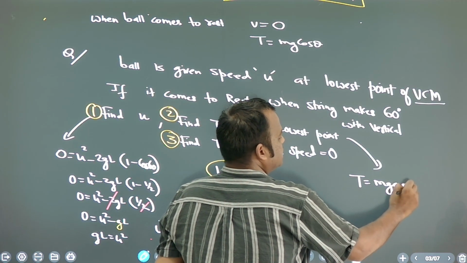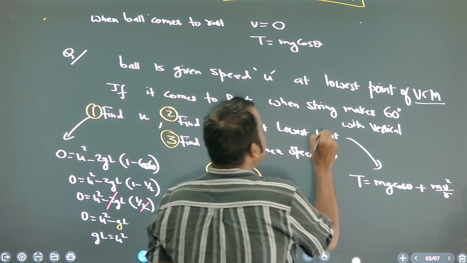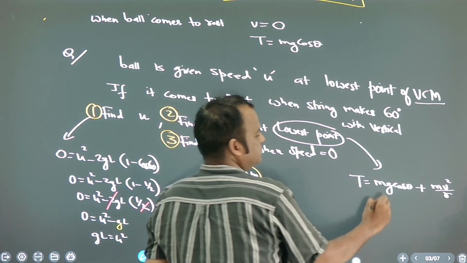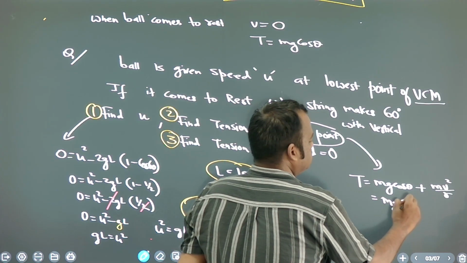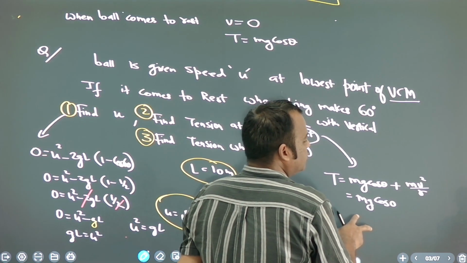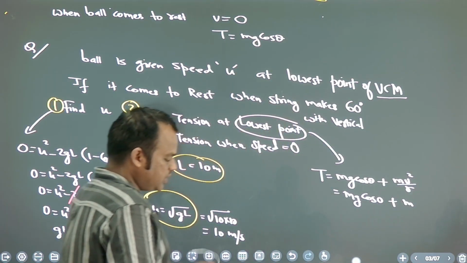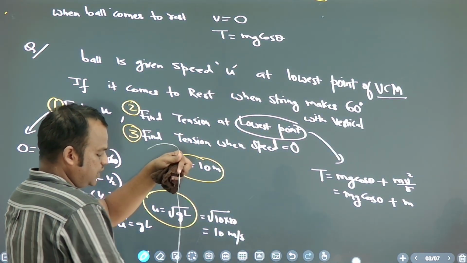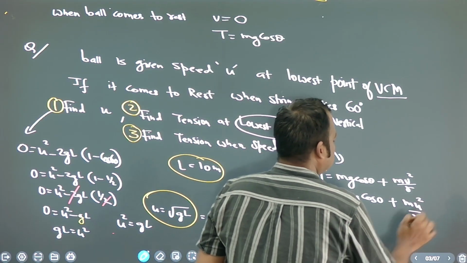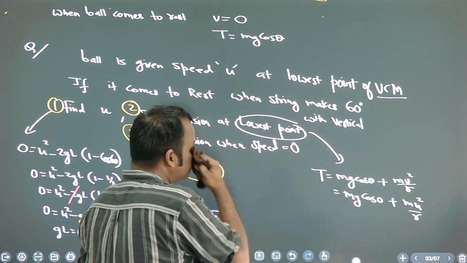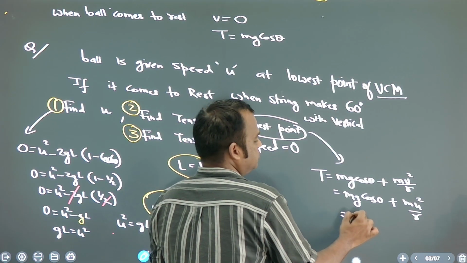Mg cos theta plus mv square by r. So lowest point means what is theta? Lowest point, 0. Good. Theta is 0. So mg cos 0 plus m, and v will be u. Here what is the speed? u. So u square. So substitute. What is cos 0? 1.